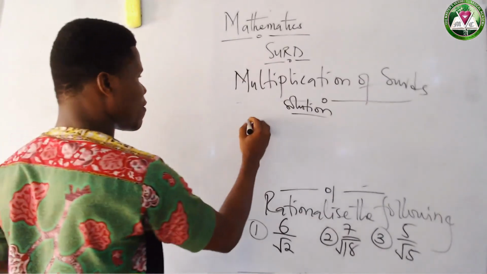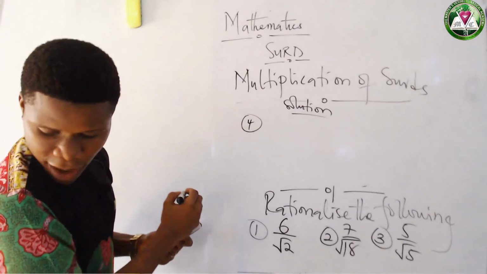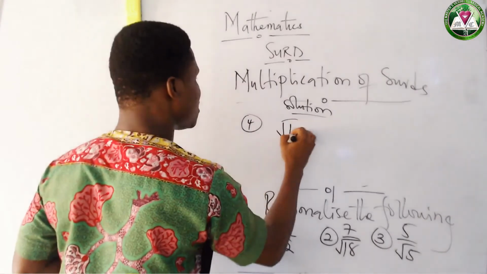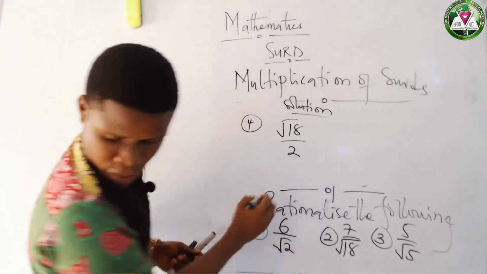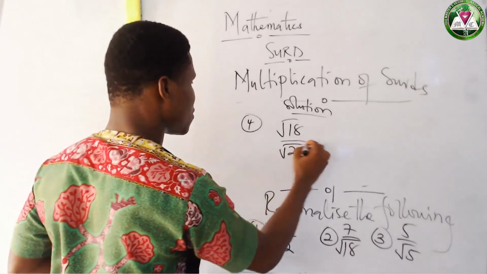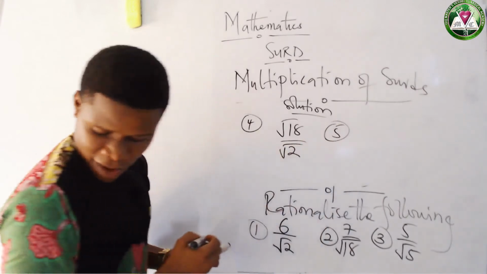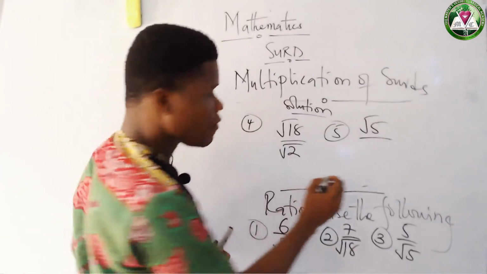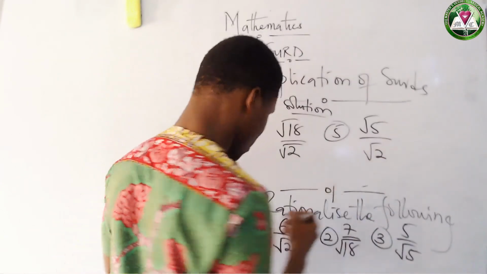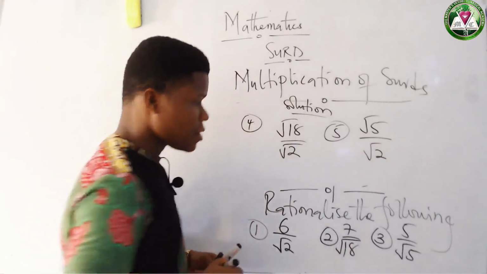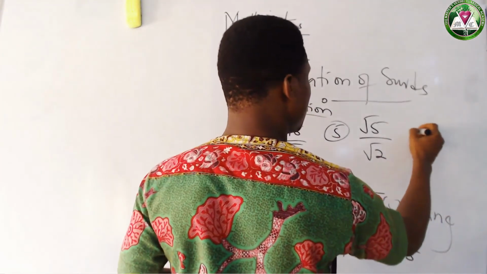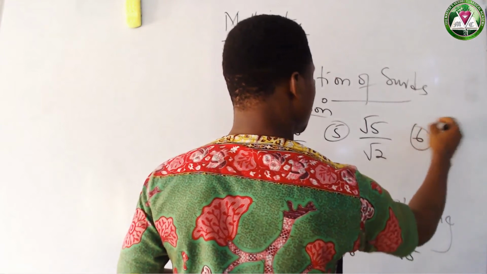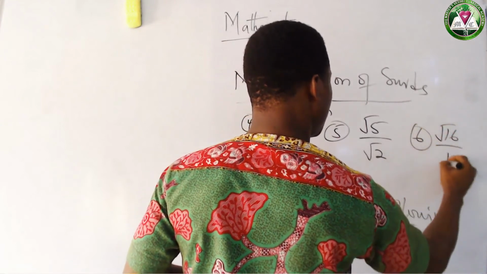Number 4, we have root 18 over root 2. Number 5, we have root 5 over root 2. And then we have number 6, root 16 over root 7.